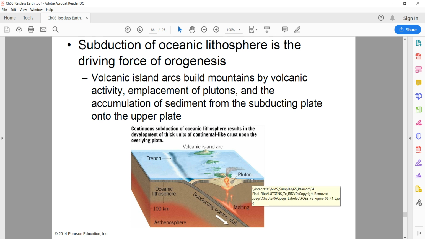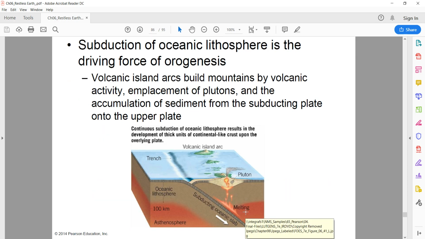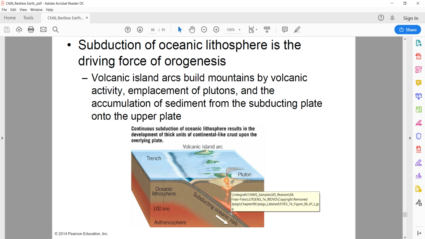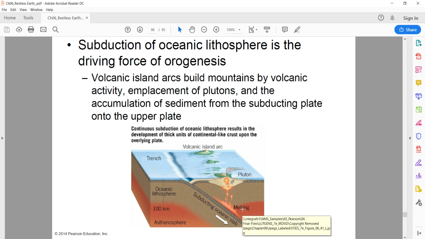So when they meet at a convergent plate boundary, the oceanic lithosphere will descend into the mantle, and that is where it will create the subduction zone. As the subducting plate descends into the mantle, at about 100 kilometers, which is about 62 miles below the ground, partial melting will begin.